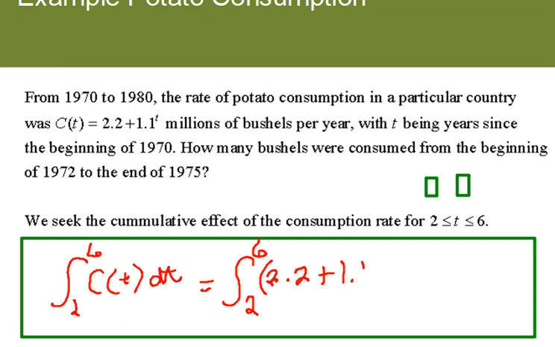So you can pause this video at any time and type it in. Remember, where you would do that is with the fnInt button, which is under math number 9, and then you put your values in. If you have one of the older calculators, you have to type in the function.